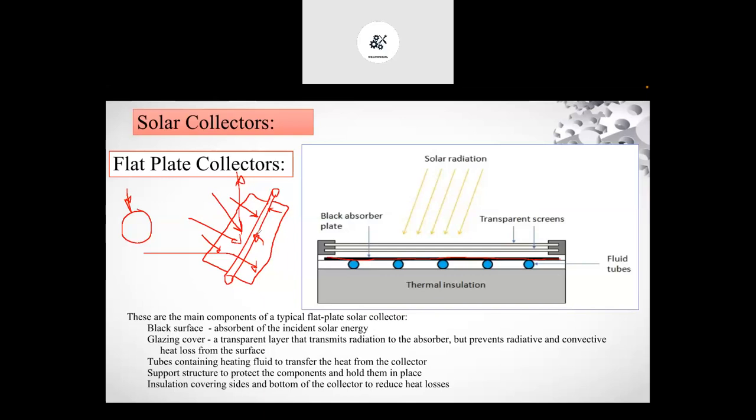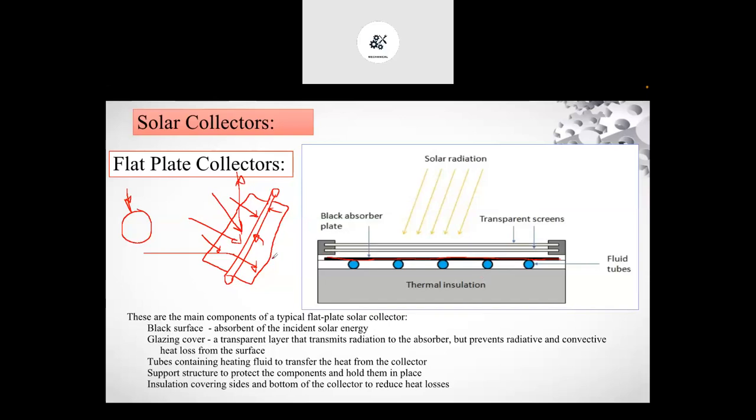So it will nearly work as a black body, and maximum radiation incident on the plate and the tube will be absorbed and minimum will be reflected. So the loss of radiation energy will be less, and because of that, these sheets or plates are painted black. That's why you see the black paint on the sheets and also on these tubes.